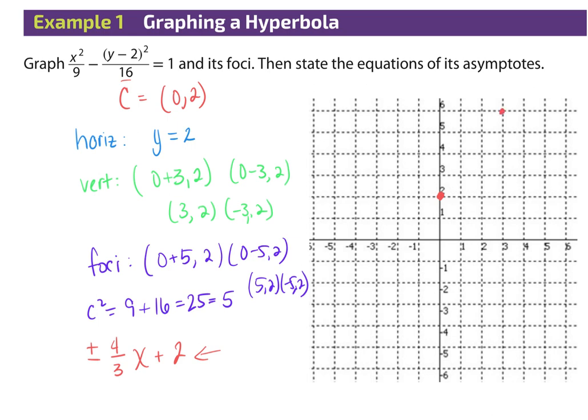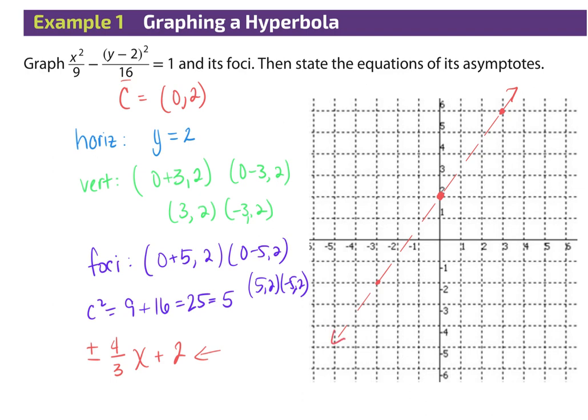We're going to go this way. So this is one of them. And then I'm also going to graph that thing going the other direction with a negative 4/3 slope. This is a dashed line. It is not actually part of your graph. It is helping you direct your graph.